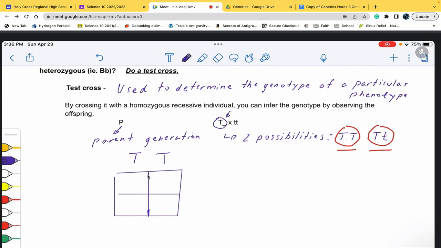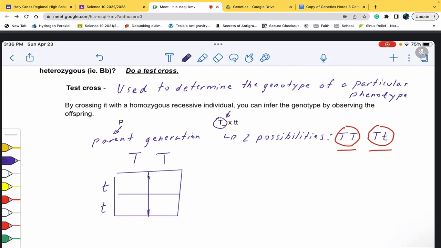We're going to cross the big T with the homozygous recessive, which is little t. So let's fill out this Punnett square.